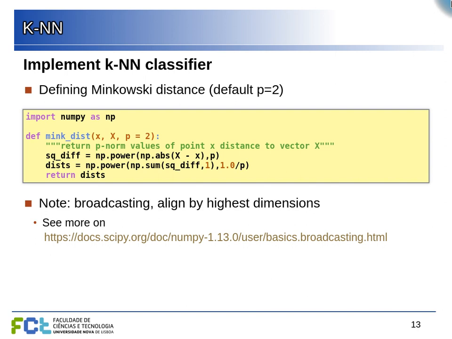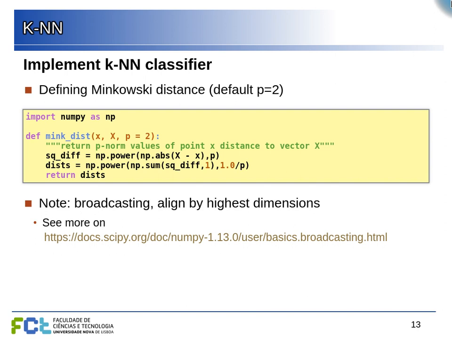So in this case, we have a matrix with, let's say, two columns, if it's in two dimensions, and n lines for all the examples, and we have a vector of two values for one specific point. So this has a length of 2 in the last dimension, it's the only dimension, and the matrix also has a length of 2 in the last dimension, which is the column. So this subtraction will subtract this vector from each row of the matrix and give us a new matrix with all those differences. So you don't need to use for loops for this kind of operation. As long as you have the right dimensions on your array, you can do it all in one go.